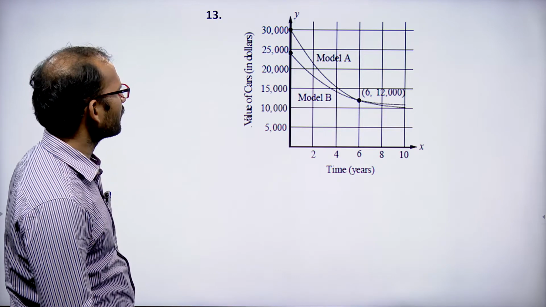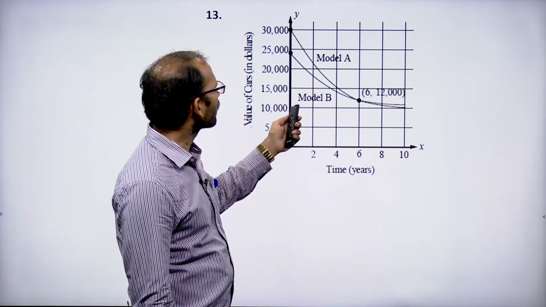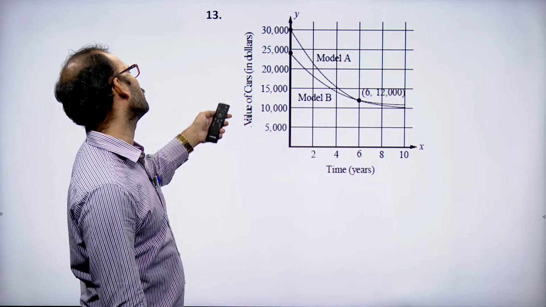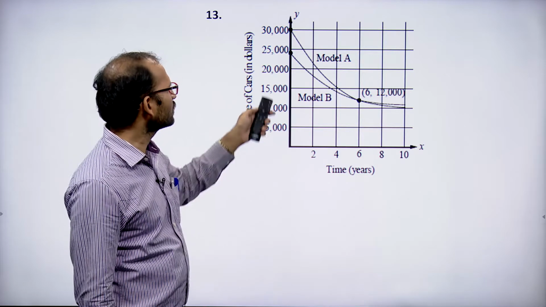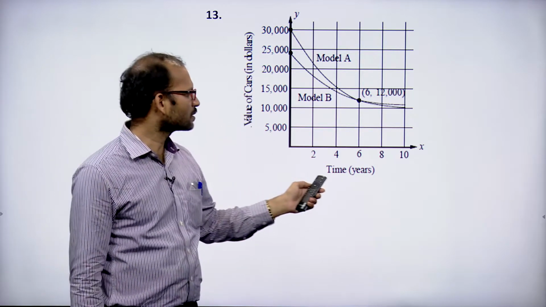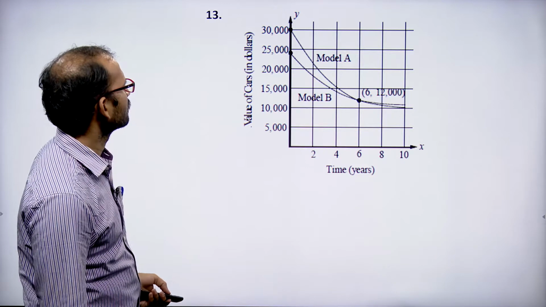There is a graph given with time in years, model A, model B, and value of cars in dollars. This axis is the value of cars in dollars, and this is the time in years.